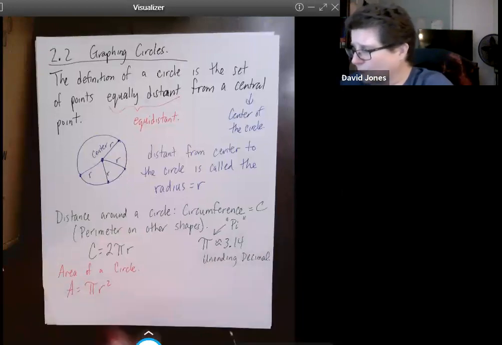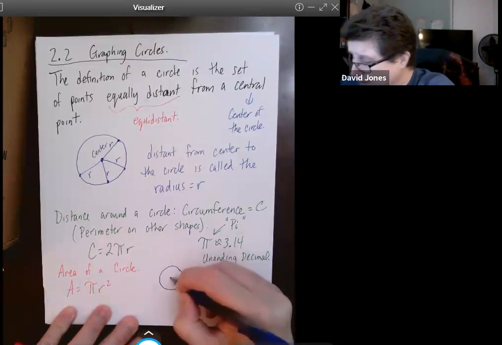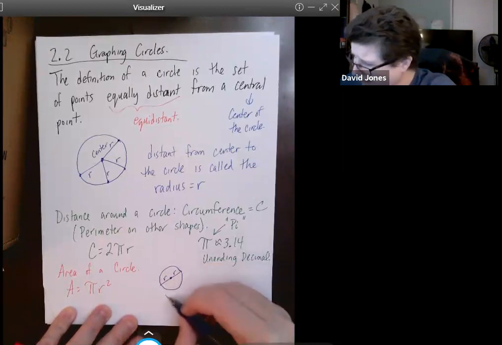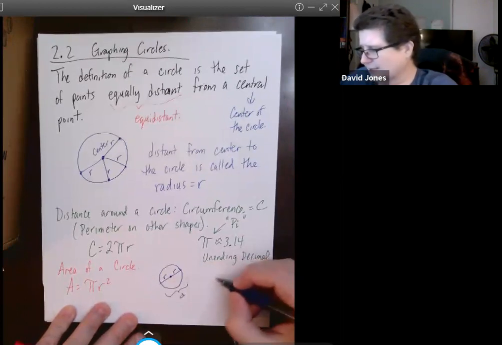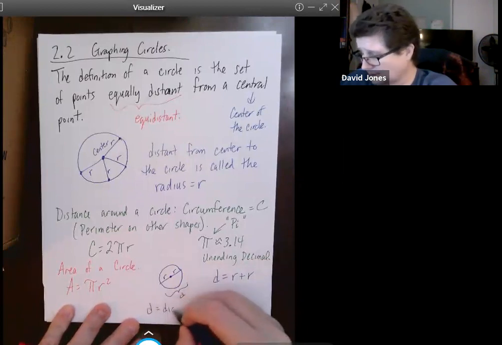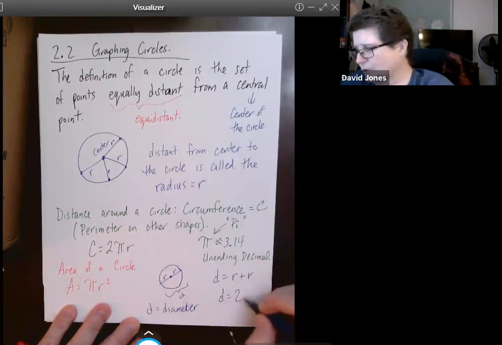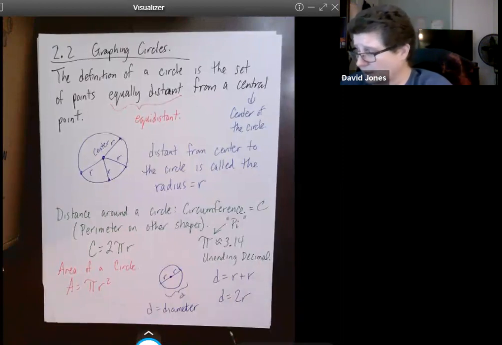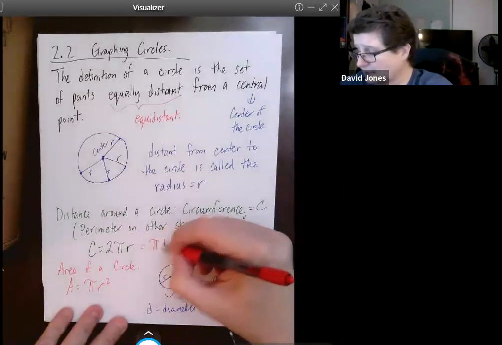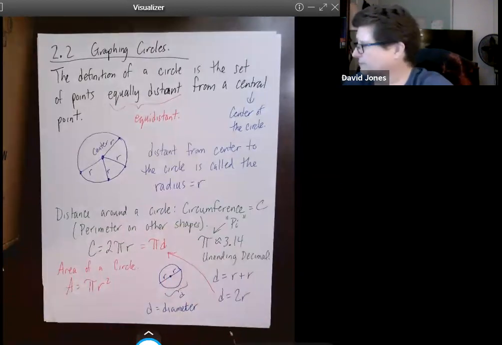If we go from one side of the circle to the other, passing through the center, R and R, that full length right there is D. D equals R plus R. D is diameter, and D equals 2R. So another way of writing circumference is pi times d. We replace the 2r with d. That's another way of looking at it.